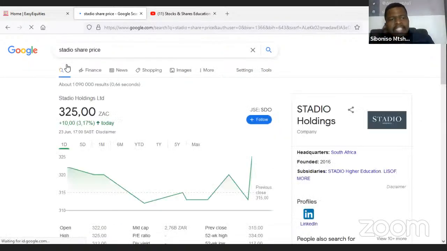Stadio share price is now 3 Rand 25, from 1 Rand 17. So that is more like 290% growth. Is it 190? I think it's almost from 1 Rand, 2 Rand, 3 Rand. Yeah, it's above 200%. So not too bad.